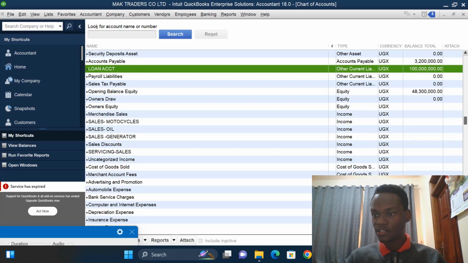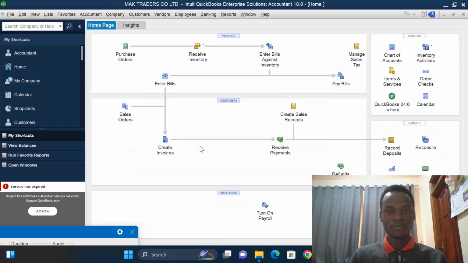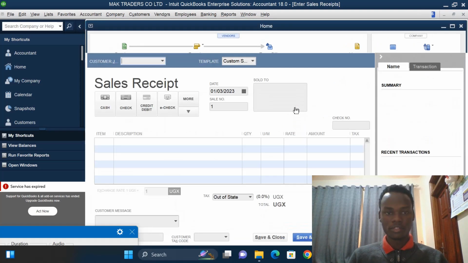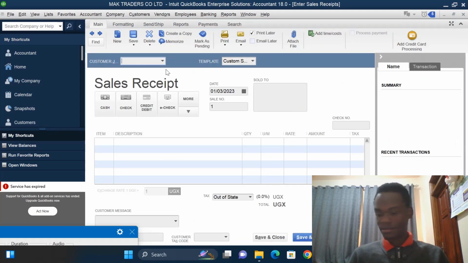The next transaction: on 1st January sold 8 motorcycles and 3 generators, and the cash was banked immediately. So we shall go to create sales because he sold. We're going to create a sales receipt.